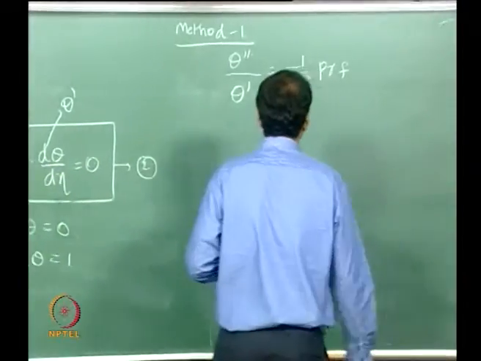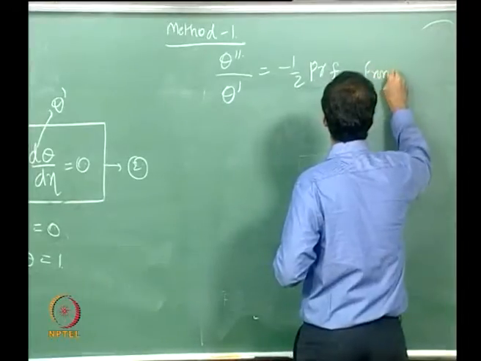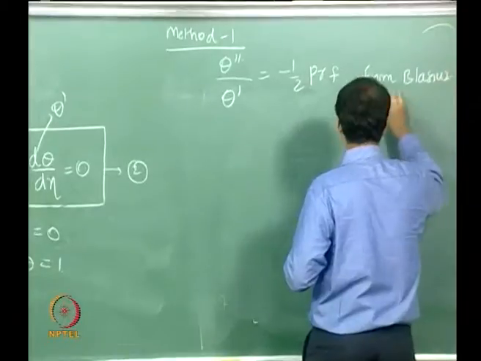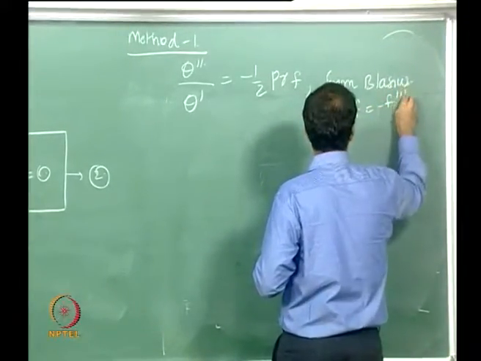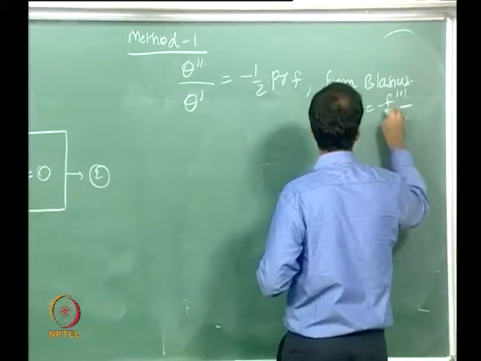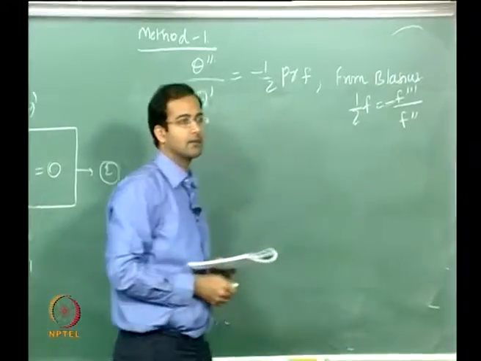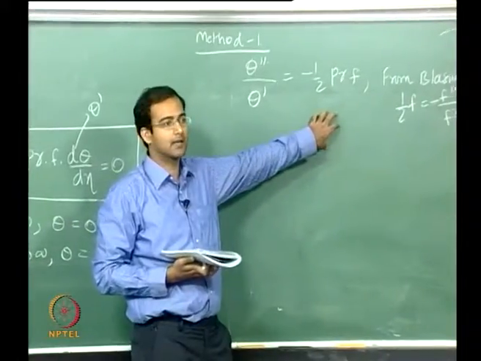From the Blasius equation I also know that if I rewrite the Blasius equation I can say half of f is equal to minus f triple prime by f double prime, correct. So if I rewrite the Blasius solution I can write like this.